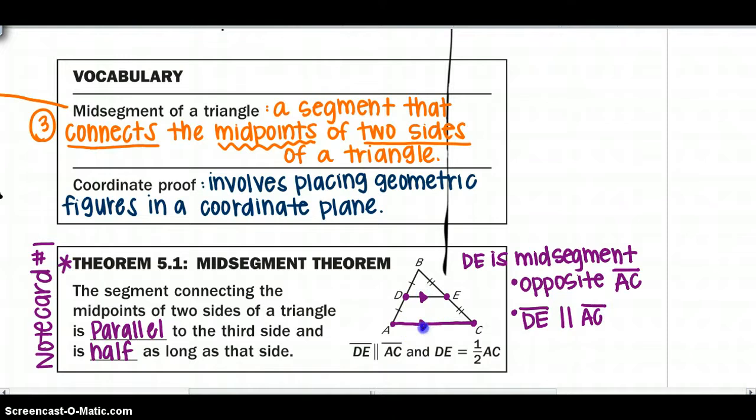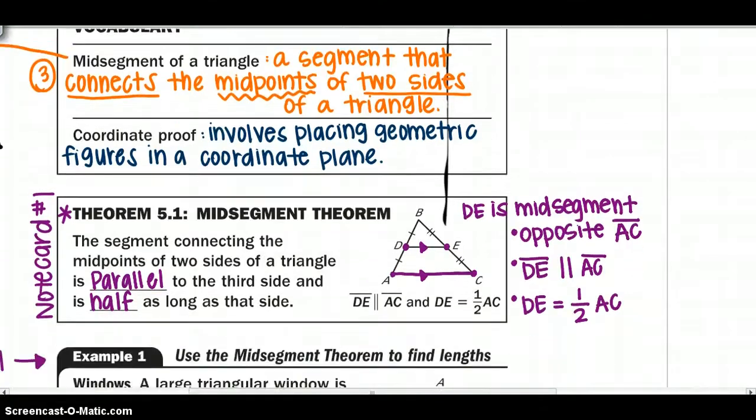Another thing we can get out of it is that DE, the mid-segment, is half of the side that it doesn't touch, or the third side of that triangle. So those are the three things that we can get out of this theorem.